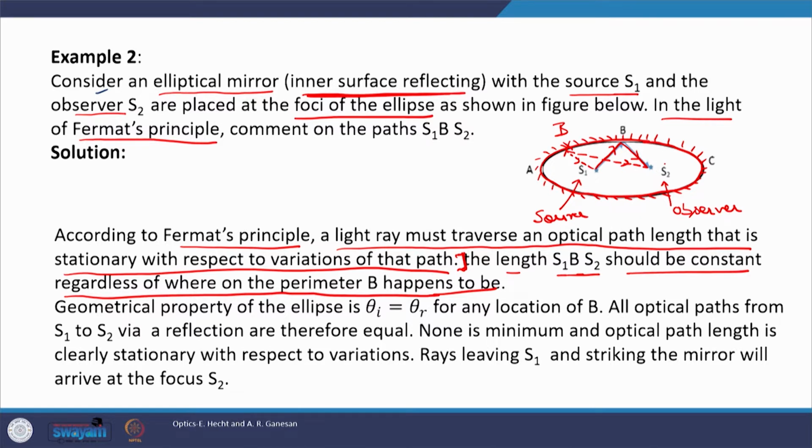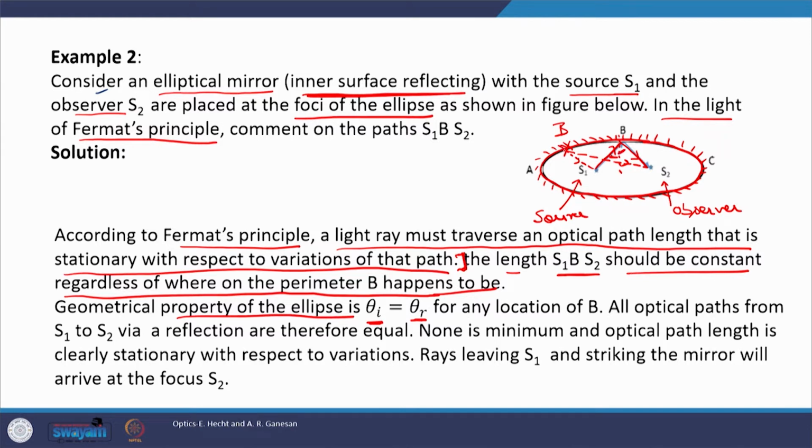This is what Fermat said, and this is exactly the property of an ellipse we know. Therefore, the length S1 B S2 should be constant regardless of where on the perimeter B happens to be. B is the point of reflection. Now, the geometrical property of the ellipse is that angle of incidence is equal to angle of reflection. If you draw a perpendicular here, then this angle must be equal to this.